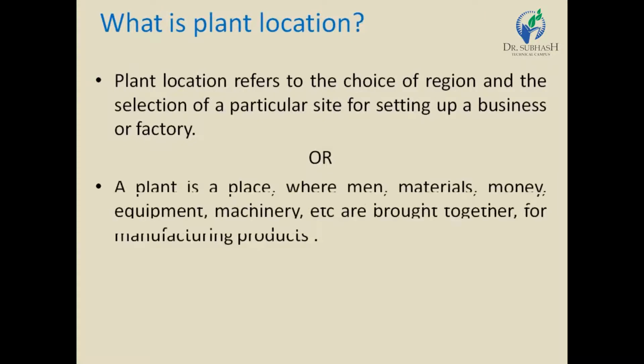Or it can be defined as a place where man, machines, material, equipments are brought together for production of goods. So plant location is simply a place where one can manufacture their products with the help of resources like man, machine, material and equipments. So this is all about plant location.